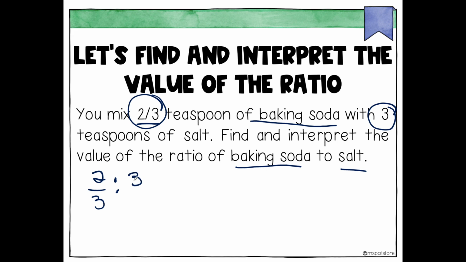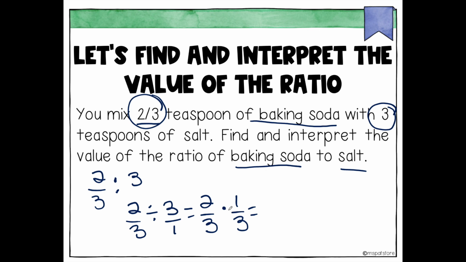Remember, in order for you to find and interpret the value of any ratio, you basically divide those two numbers, and that's it. So let's do it. 2/3 divided by 3. Invisible 1 as a denominator. In order for you to divide fractions, you need to keep the first fraction the same, change the division symbol for multiplication, and then flip the second fraction, 1/3.